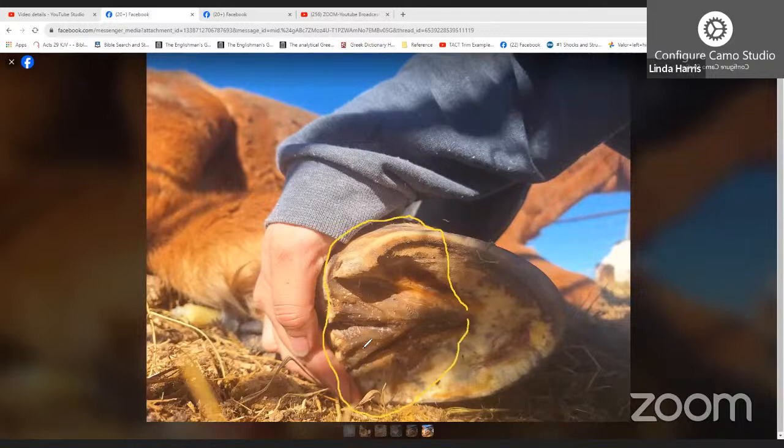All of this inside is soft tissue that moves around just like the end of your nose. If it doesn't have the correct support, it will not maintain its basic shape and it will not function correctly. And so the back of this whole foot has to be a specific size to fit that internal foot.